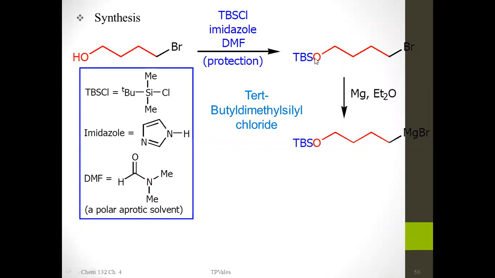And then once this oxygen is protected, we can actually do the Grignard reaction to get our Grignard reagent. So you have your alkyl halide here, and you get your alkyl MgBr. This is your alkyl Grignard reagent, alkyl and MgBr.